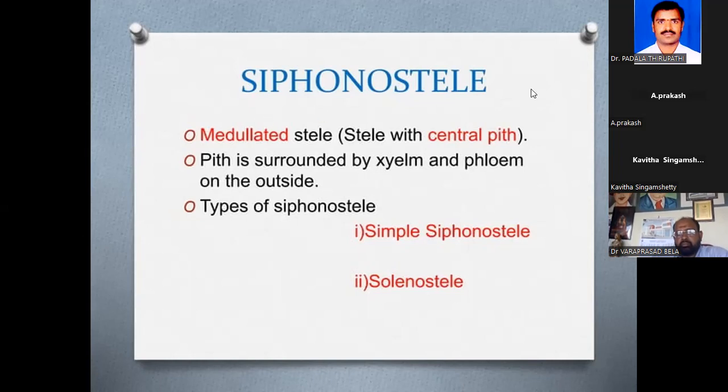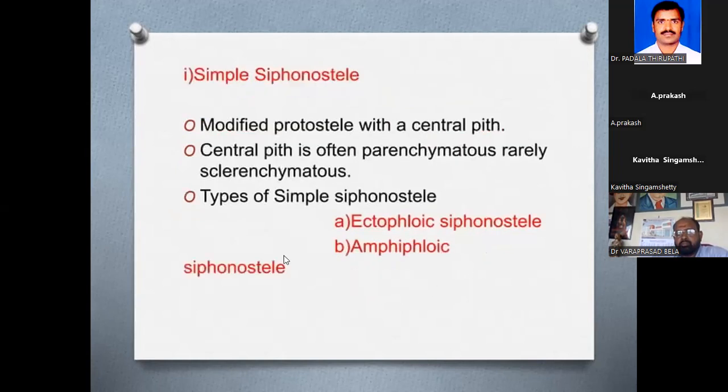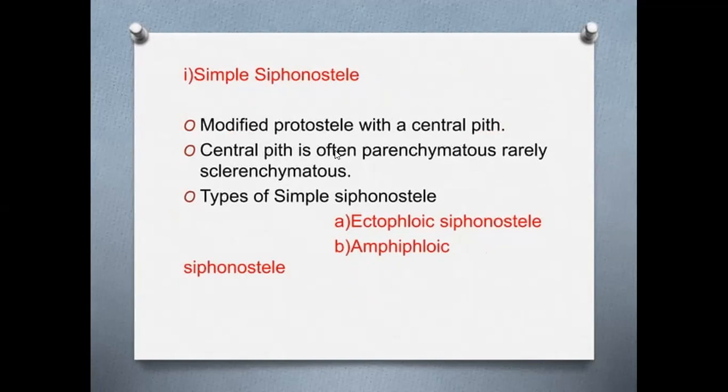Now, these siphonosteles again, they are classified into simple siphonostele and the solenostele. Now, what is the simple siphonostele? We refer to it as modified protostele with a central pith region. So look into this point here, modified protostele. So what is a protostele? Protostele is having a central core of xylem surrounded by phloem.